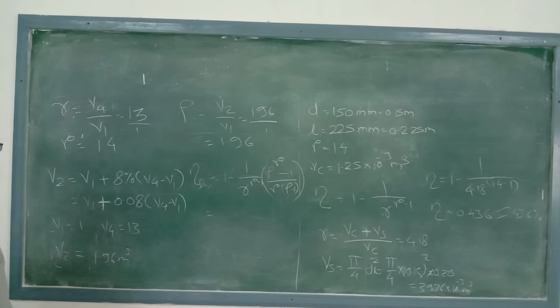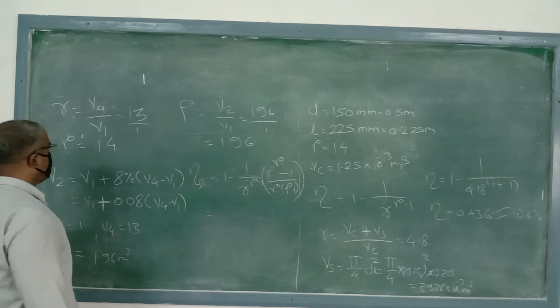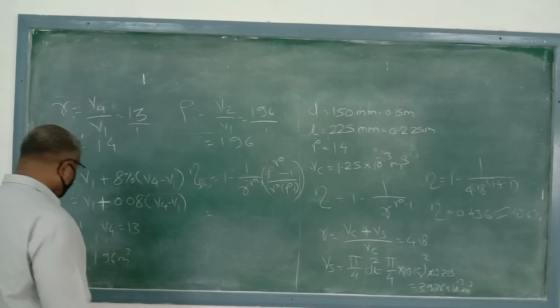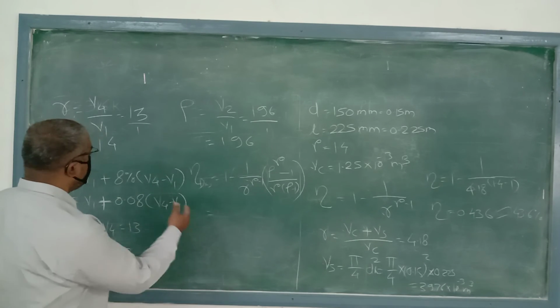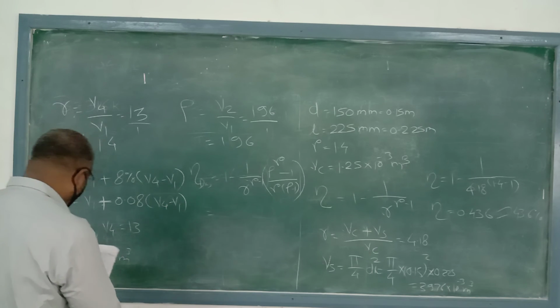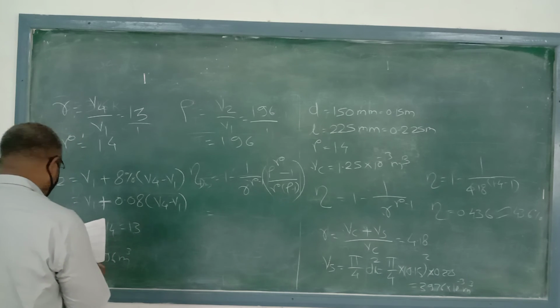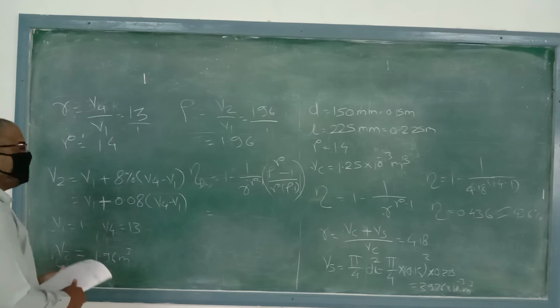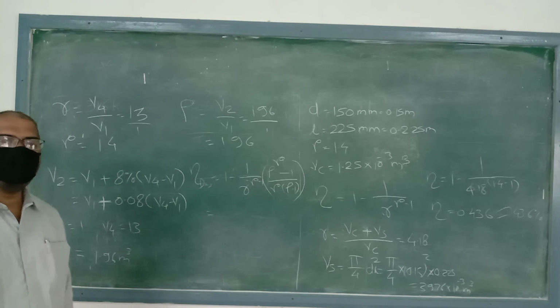So in this problem they have given value of gamma, value of R they have not mentioned in this problem. So value of R we have to calculate again. Okay, as they have given the volumes and cutoff ratio we have found.